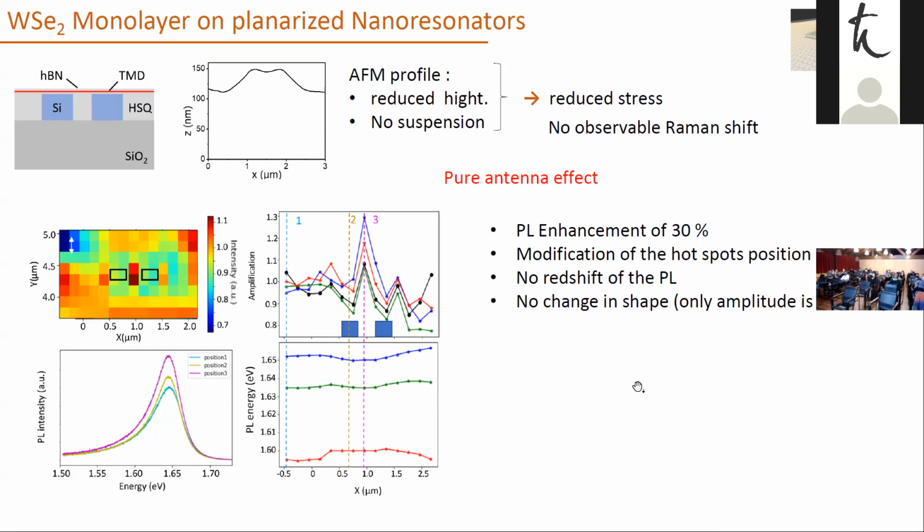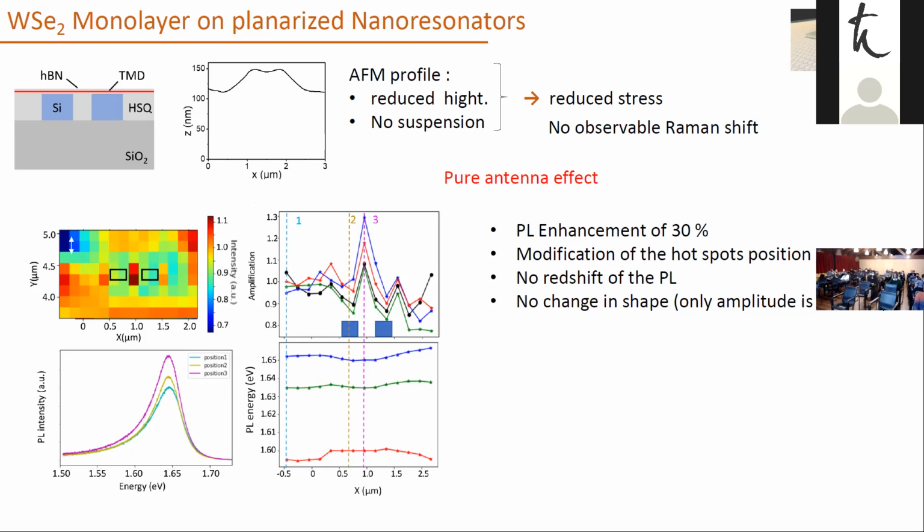So this is interesting because when we looked at how the PL excitation was changing between vertical and horizontal polarization in the suspended case, and in this case, we were expecting a stronger effect of the Mie resonance. But in fact, here what happened is that when we put the HSQ over the antenna, we decreased the dielectric contrast.